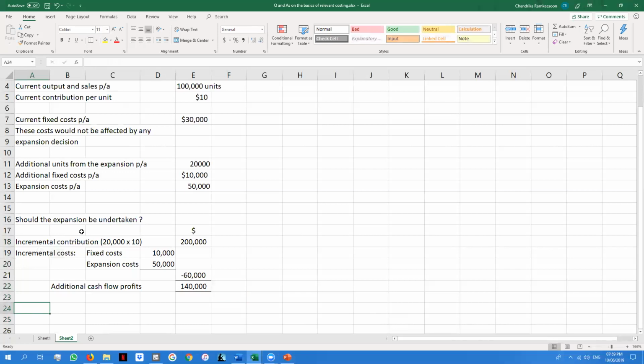This can be a section B type question, where you're given a little scenario, and from that scenario you've got to answer 5 questions, and this may be one of them. And if the question asks you, should the expansion be undertaken, it may be done in such a way that you need to state whether it should be undertaken, but stated in such a way that it fits into an objective test format.